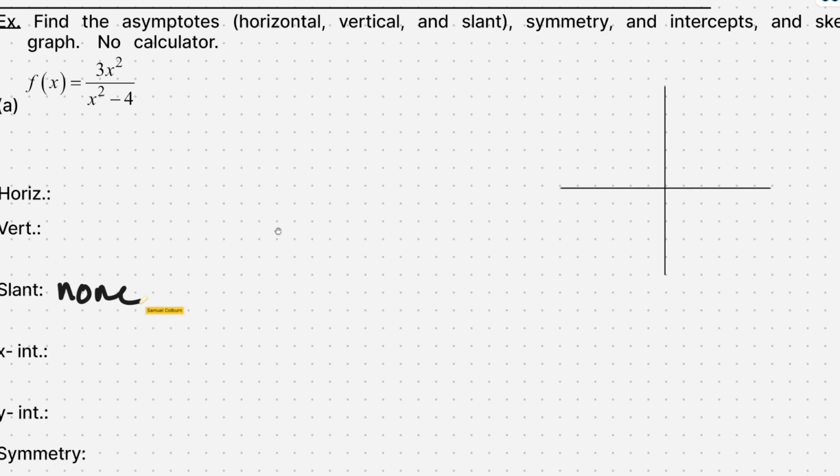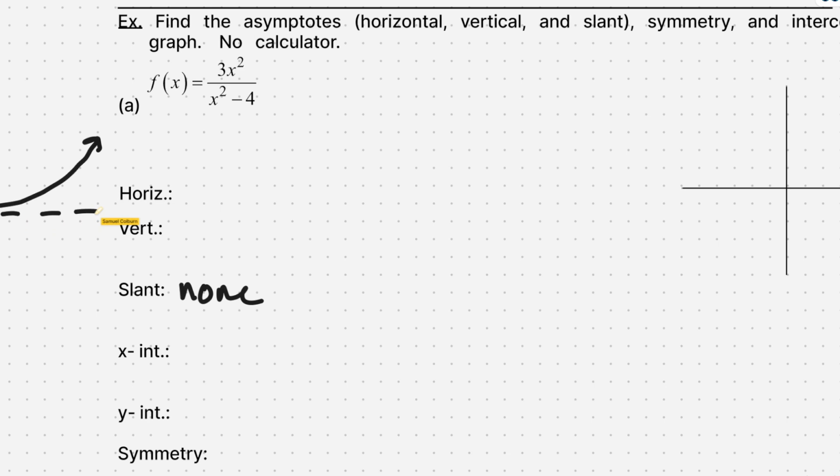Horizontal asymptotes. What is a horizontal asymptote? Well, you've seen them before in a couple of different functions. Very first one you've seen is the exponential function, which shows up in IM1. This function basically levels off on the left here. It gets flatter and flatter and closer to usually the x-axis.